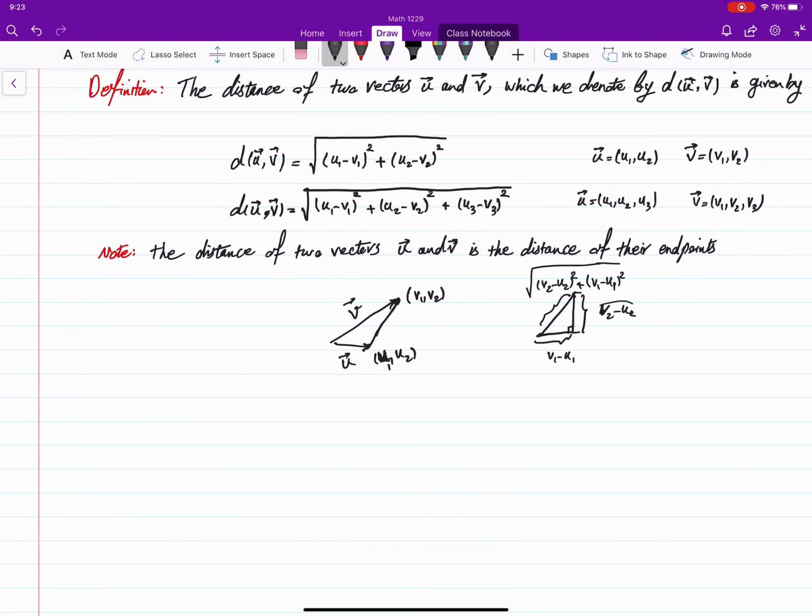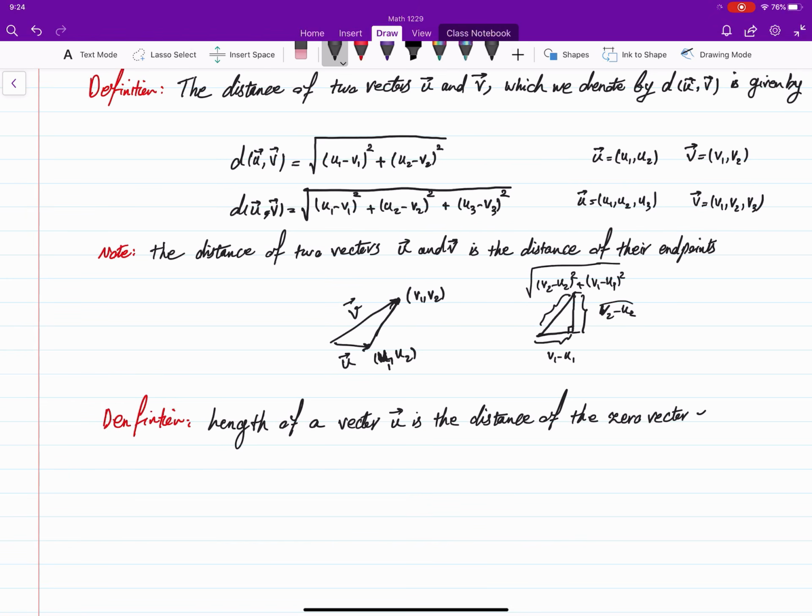Well, this is the distance of two points. How about length of a vector? So the length of a vector u is the distance of the origin or the zero vector from u.